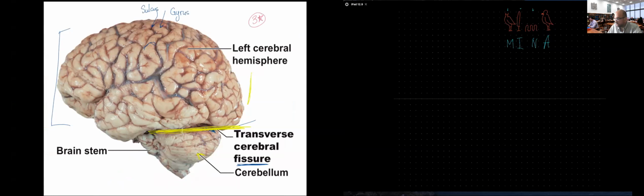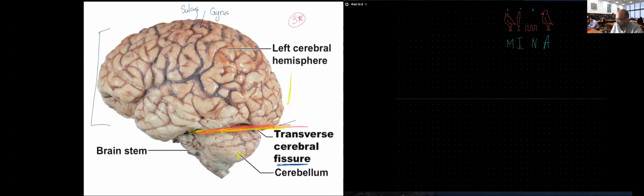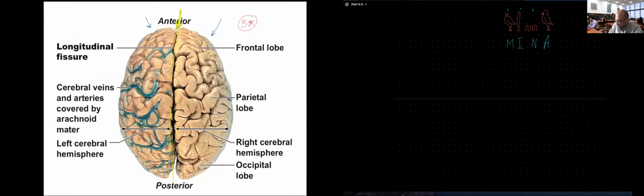Here, those are three-star diagrams. So looking here at the transverse cerebral fissure, again between the cerebrum and the cerebellum. We've got the longitudinal fissure, which splits the cerebrum into right and left cerebral hemispheres.